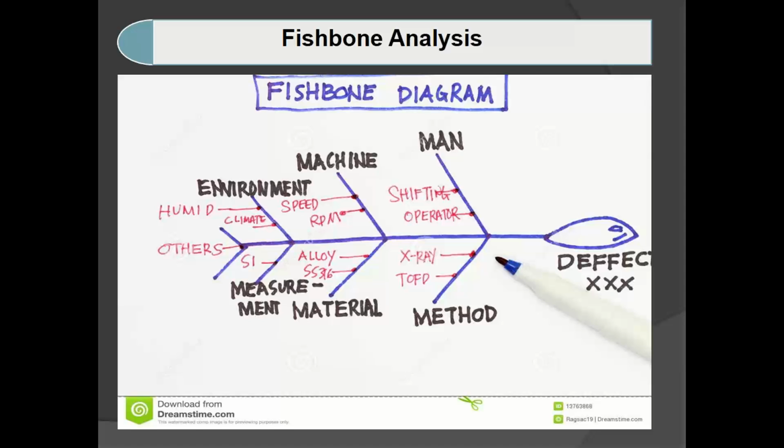Any guesses? The one with the less defects. Exactly. So here, depending upon the scenario, you are going to check which option is having less defects. So whatever the option is having less defects, then you are going to select that option.